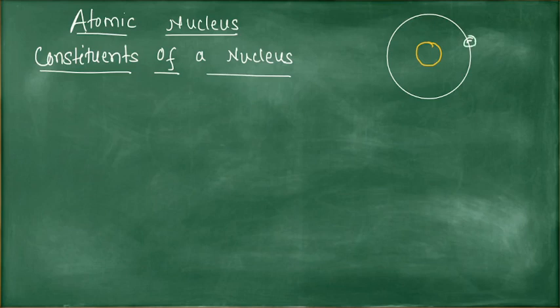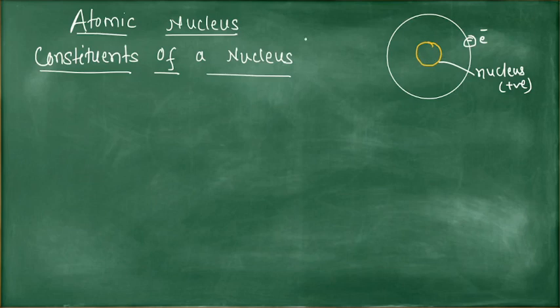Electrons are revolving in circular orbits around the nucleus. The nucleus is the positively charged massive part, and the electron is a negatively charged particle. So this is the atomic nucleus at the center of the atom.